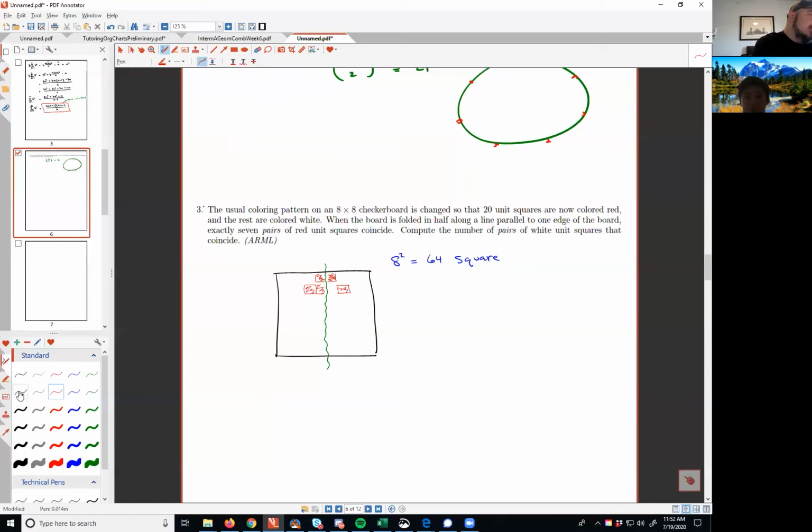Let's get 19. Since only seven pairs of them touch each other, there's still 6. Wait, yeah, 6 of them that touch white squares, and then there are 44 total white squares minus 6 equals 38 of them that touch white, and then divided by 2 number of pairs.